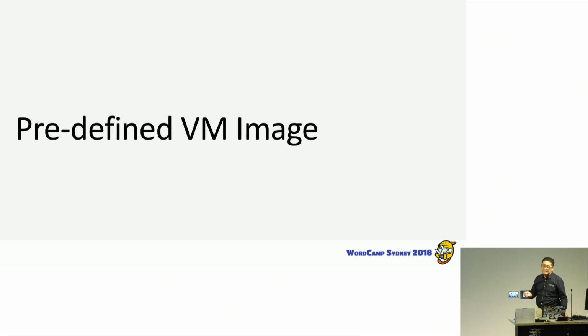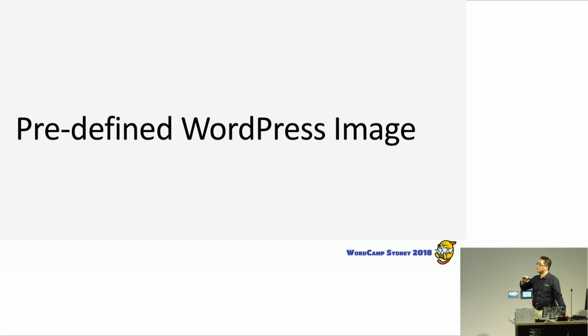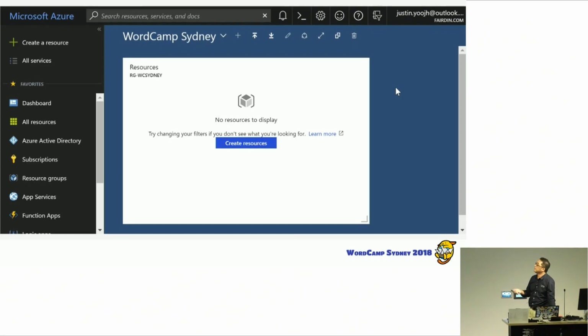They even have a predefined WordPress image running on a Linux box, so we can simply use the WordPress image to deploy a virtual machine. Let's have a look at this video.